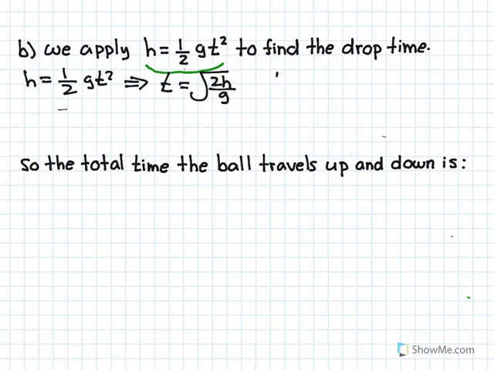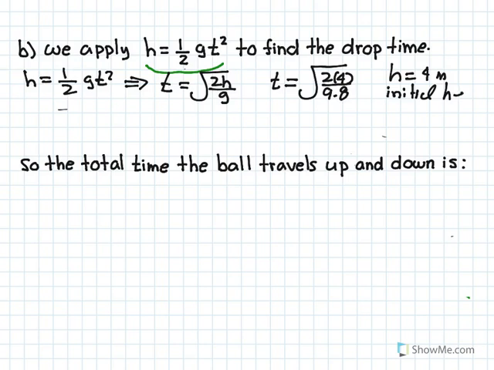All right, so let's find the time that it takes for the ball to drop down from an initial height of 4 meters. That's the square root of 2 times 4 divided by 9.8, where the height is 4 meters. That's the initial height of the basketball, and gravity is 9.8 meters per second squared.